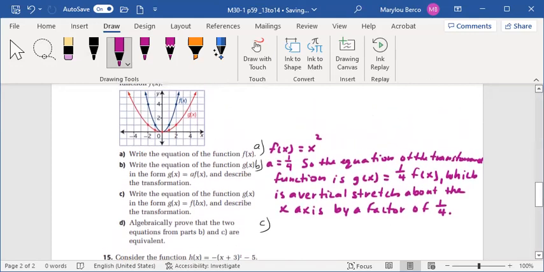So if we look at the corresponding x-coordinate points, we can see that b is equal to 2. Okay, so I'll put it here.